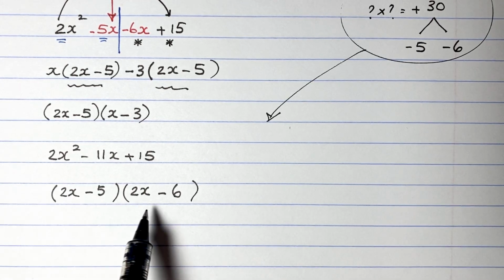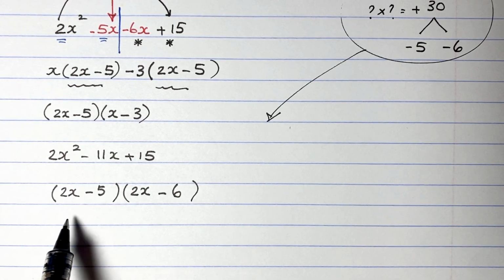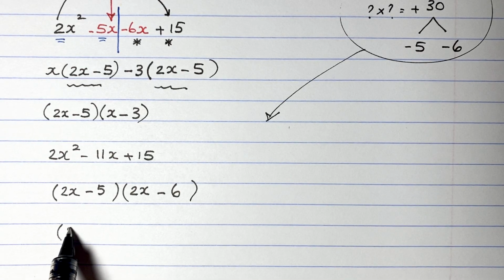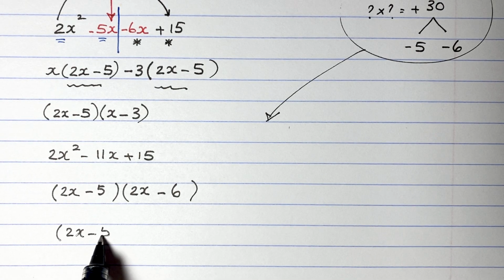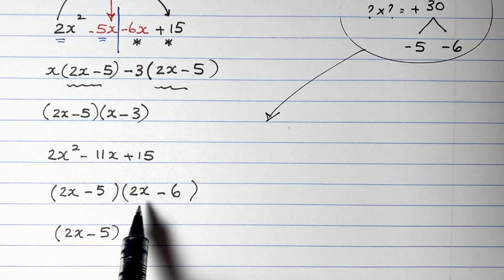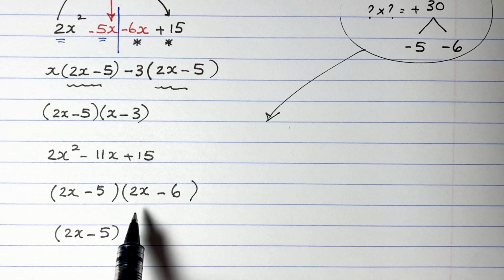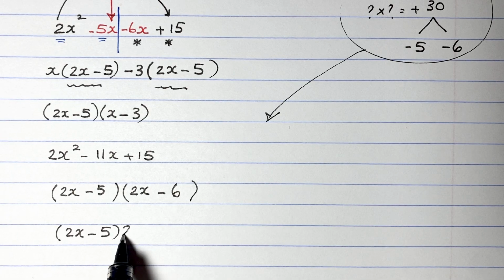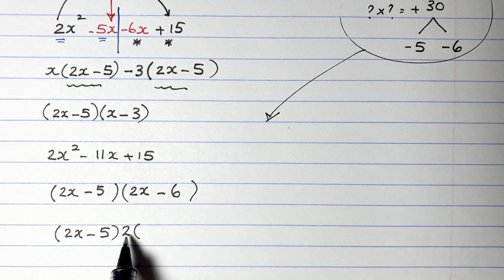Now, I'm going to go to each bracket and see if I can factorize. The first bracket has nothing to factorize, so I write the first bracket. But here I can, and you should look carefully to see if it's factorizable. Yes, they can both be factorized by 2. Take a 2 out. No need to put a plus or anything here, just 2.